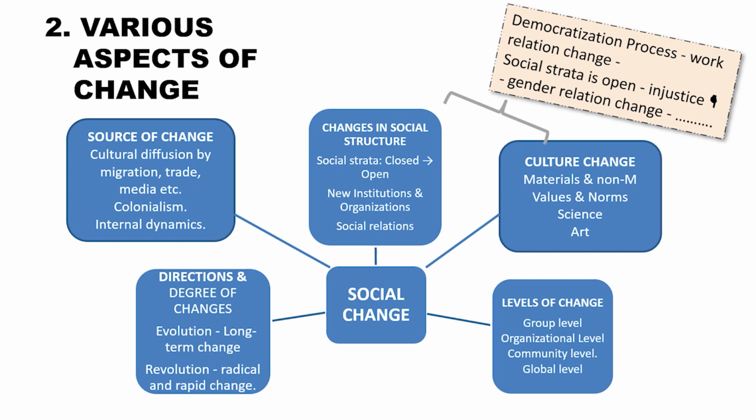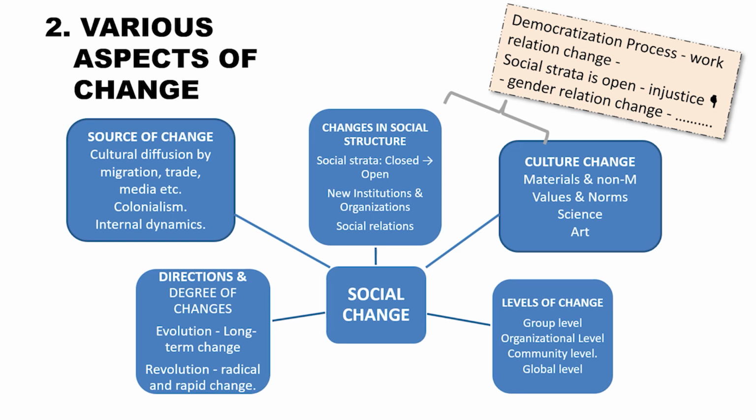So those are levels of change. We can also talk about direction and degree of change. Then we talk about, for example, evolution or long-term change, and about revolution, then we are talking about radical and rapid change, for example.